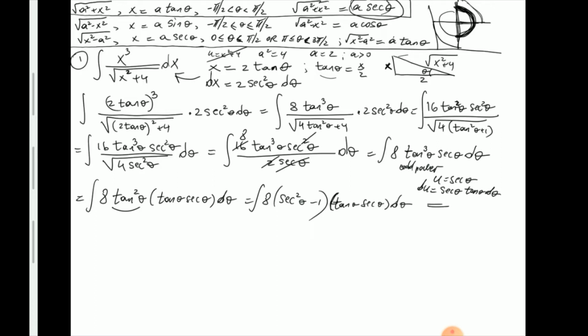All right, so let's perform the substitution. Secant is replaced by u, and then du. Expand and integrate. 8 thirds u cubed minus 8u.